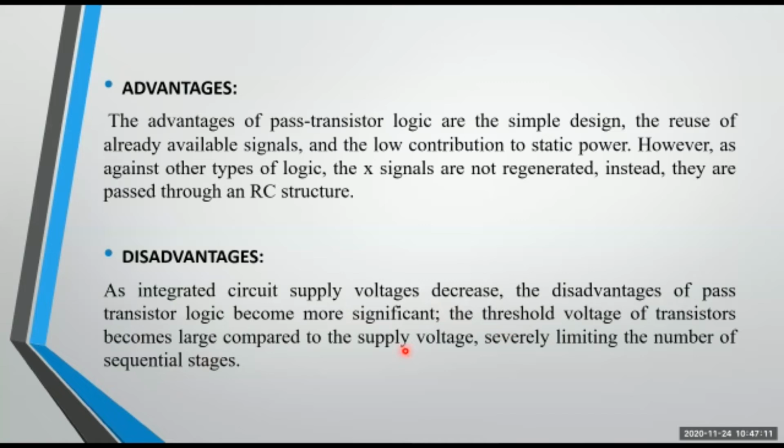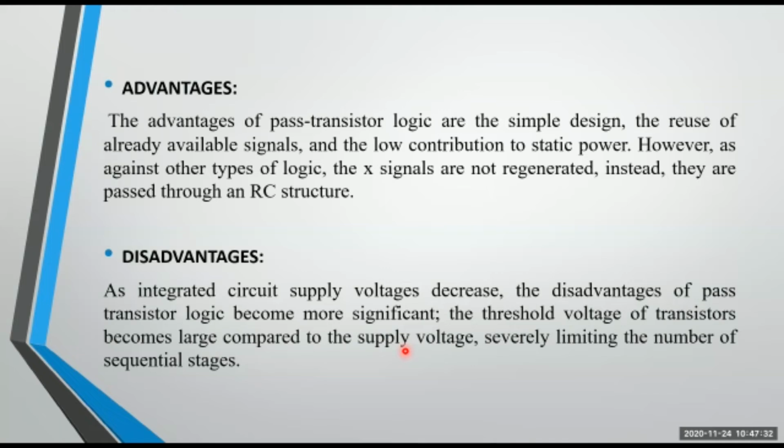This is a major disadvantage. When the supply voltage decreases, the threshold voltage becomes relatively larger. Threshold voltage is the minimum voltage required by a transistor to turn on, in order to create a channel.